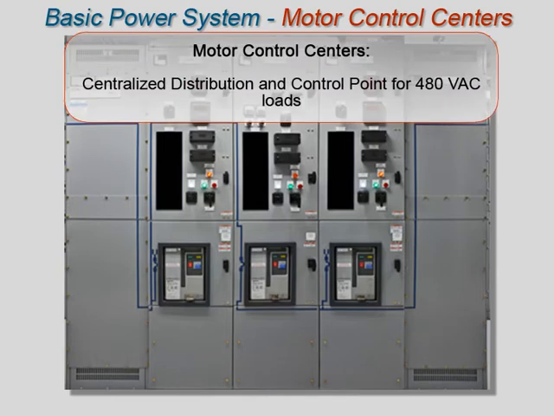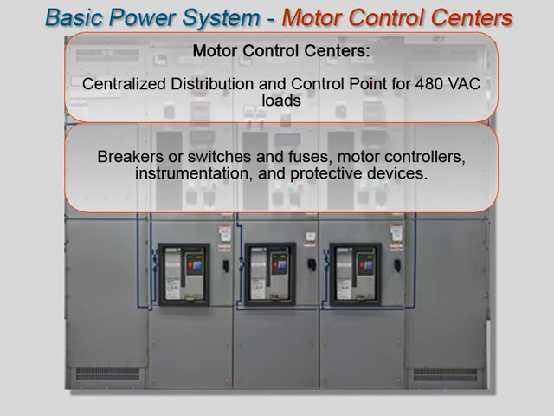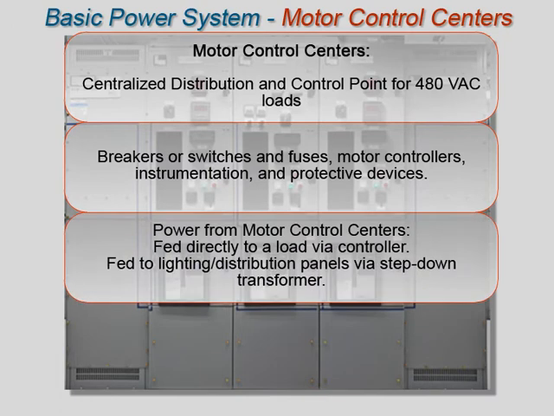Motor control centers act as a centralized distribution and control point for 480 volt AC components. Each motor control center contains breakers or switches and fuses, motor controllers, instrumentation, and protective devices to control the loads on the center. The power from the motor control centers may be fed directly to a load via a controller, or fed to lighting and distribution panels via a step-down transformer.